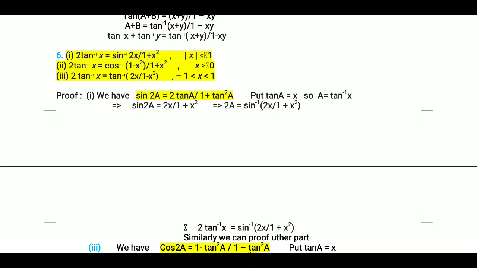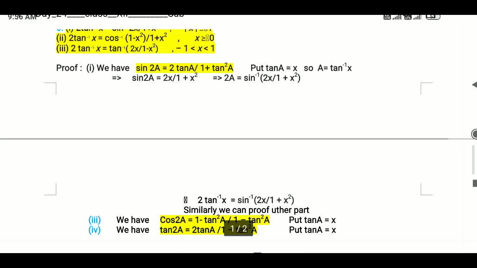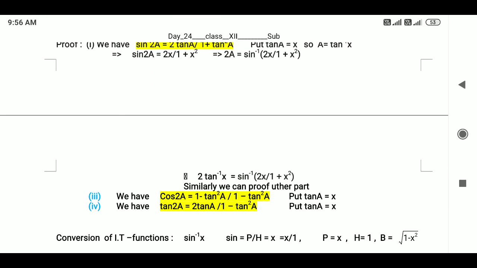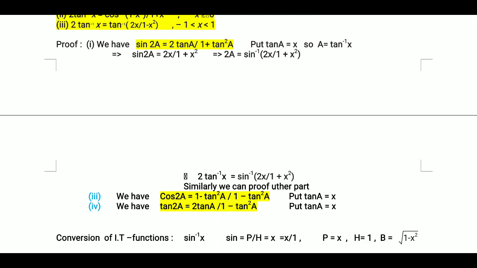Sin 2a becomes 2 and tan a is x, 2x upon 1 plus tan square a, that is x square. It means that is 2x upon 1 plus x square. Now taking sin inverse on the right side, 2a becomes sin inverse of 2x upon 1 plus x square. And a is tan inverse x, so that becomes 2 tan inverse x is equal to sin inverse of 2x upon 1 plus x square. This is the proof.